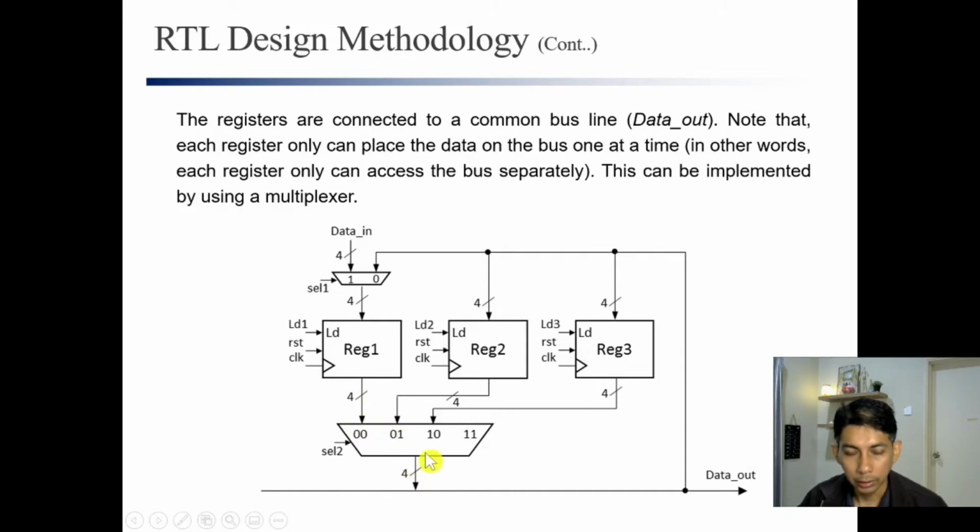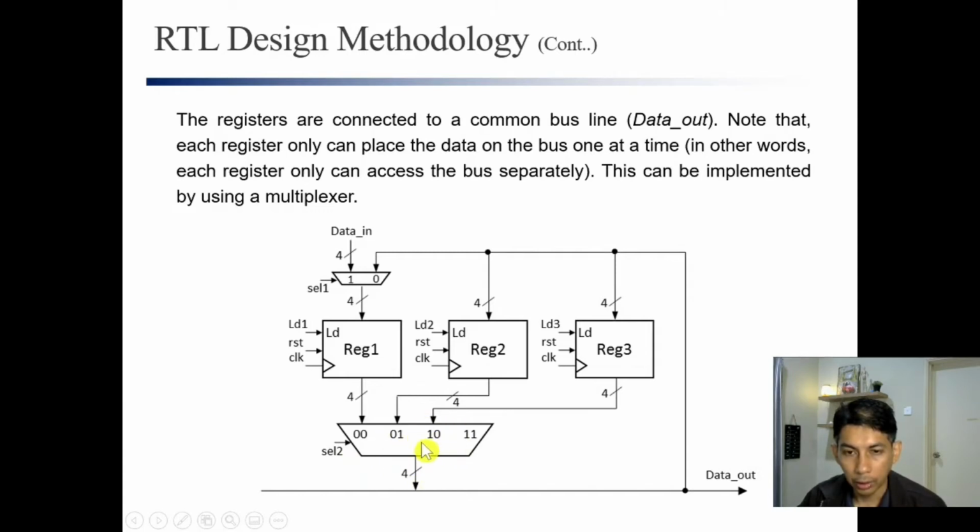That is why we learned how to design the multiplexer in chapter 2. So the data in register 1 will go through this based on this SEL2 signal, and this is 2-bit, because this is a 4 to 1 mux.